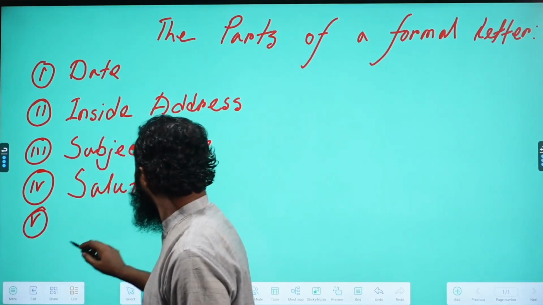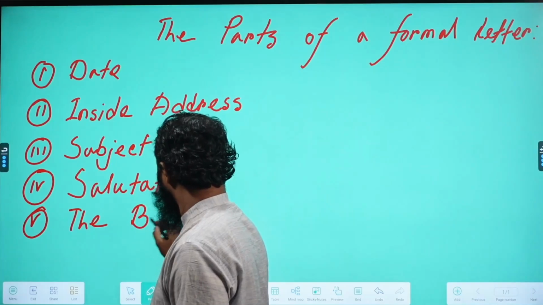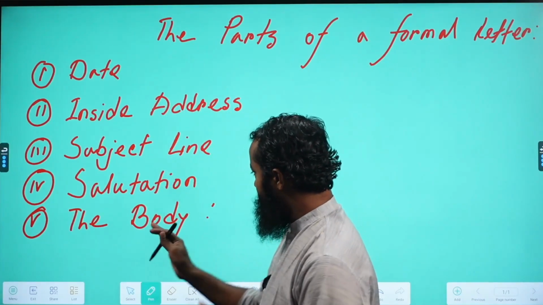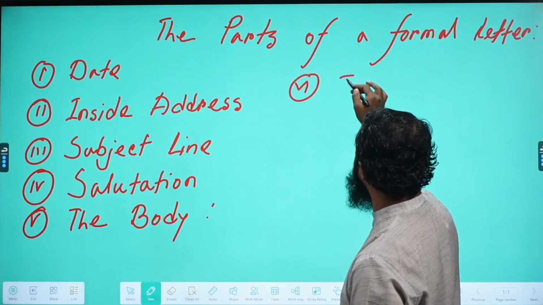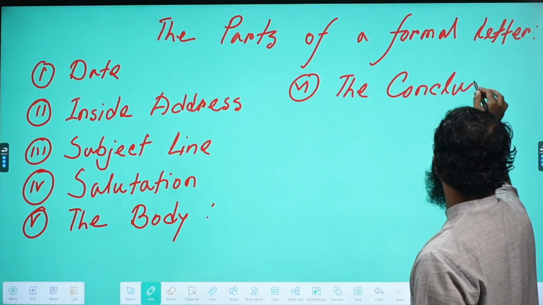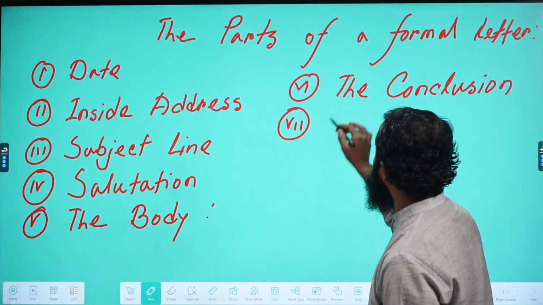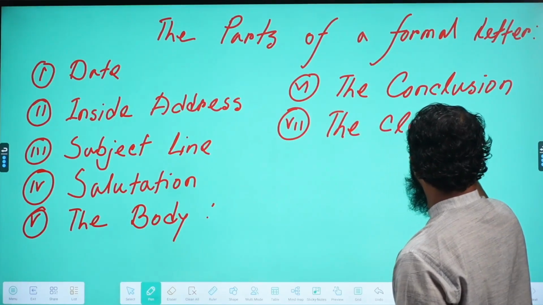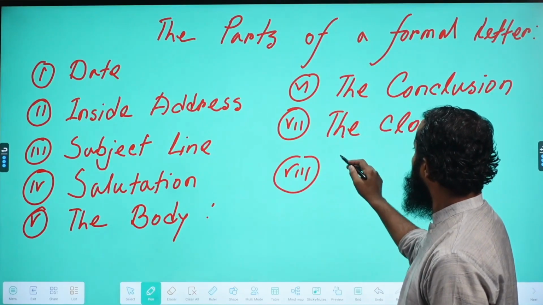Number 5 is the body, and the body is divided; we'll discuss the body later. Then the 6th one is the conclusion. Number 7 is the closing, and number 8 is the signature.